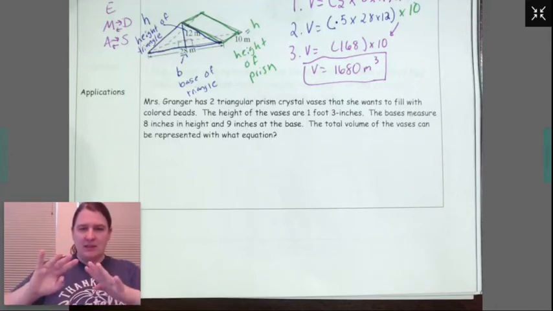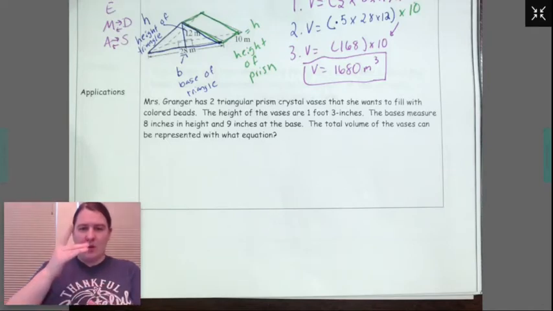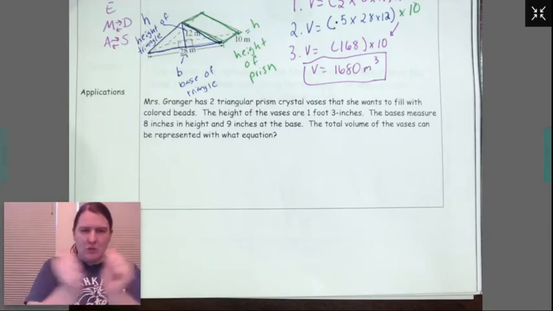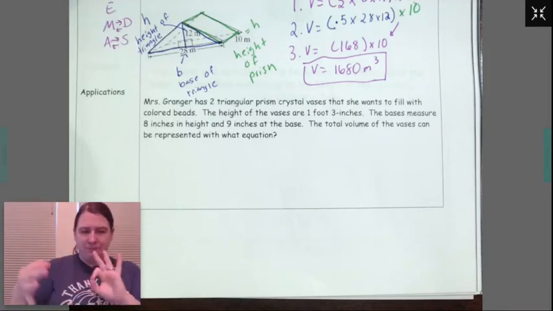The base measures 8 inches in height, 9 inches at the base. What is the total volume of the vase that can be represented with what equation?